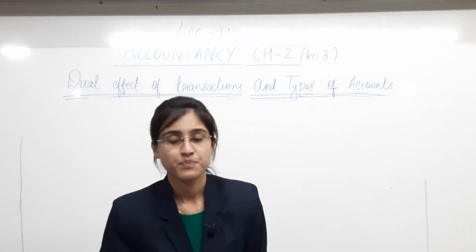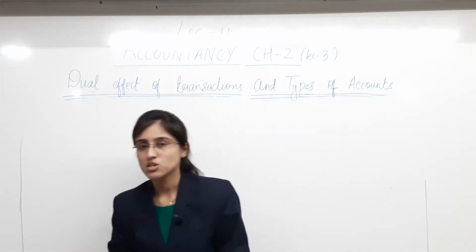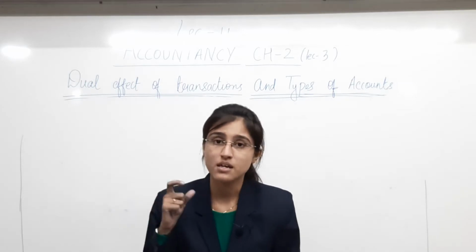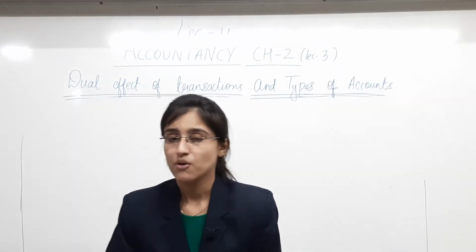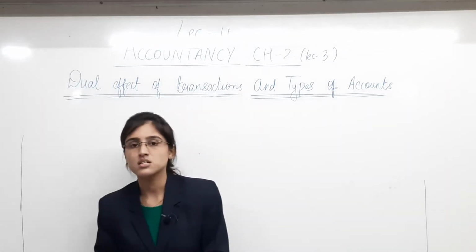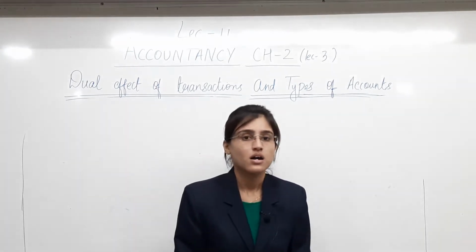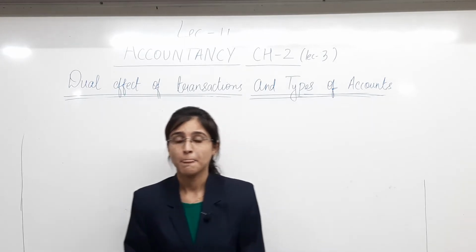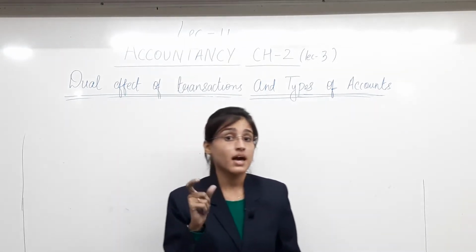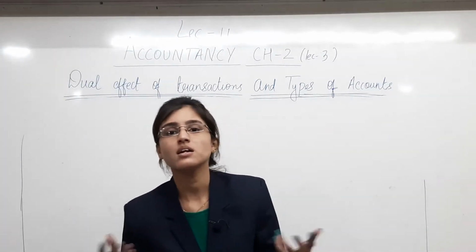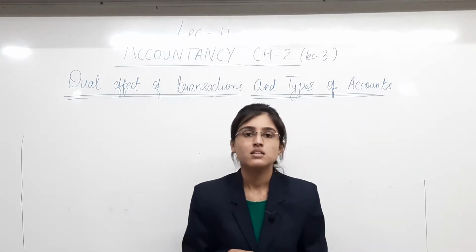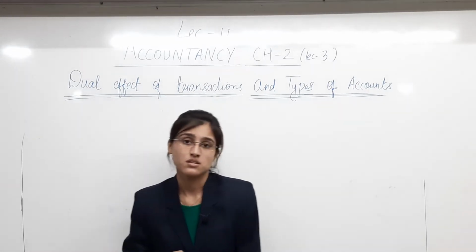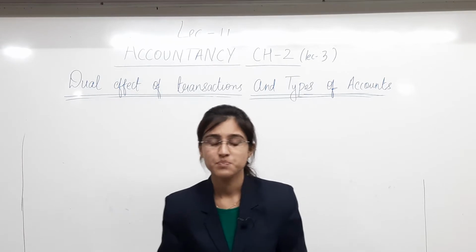Yeah. So, first transaction, goods sold in cash for rupees 500. This is with no doubt a cash transaction. Yes, why? Because the word cash is clearly mentioned in the given transaction. Yes.